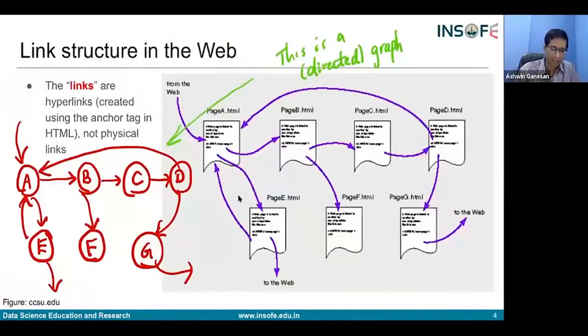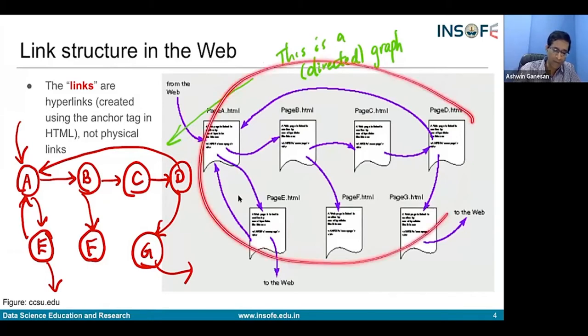So the link structure of the web graph refers to all the hyperlinks that take you from one page to another when you click on them.